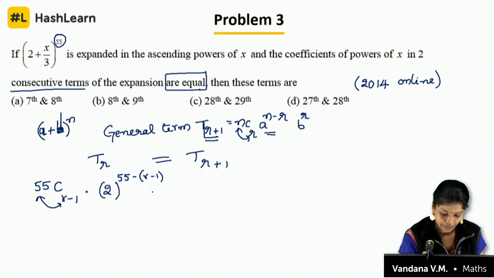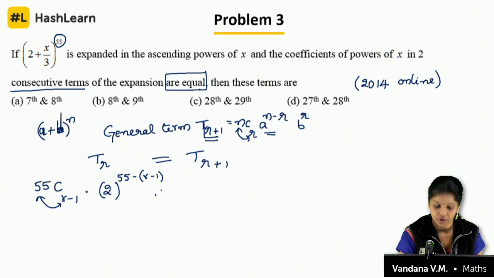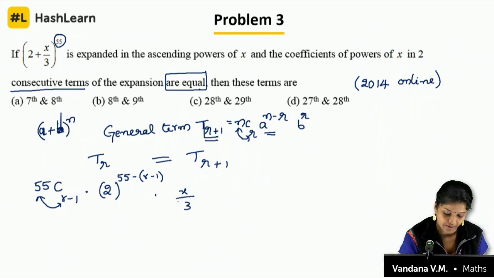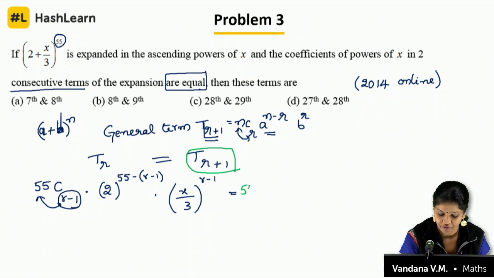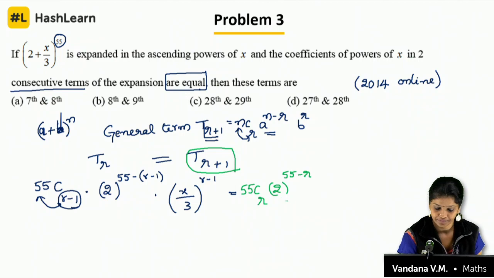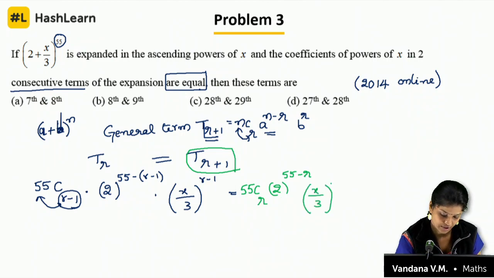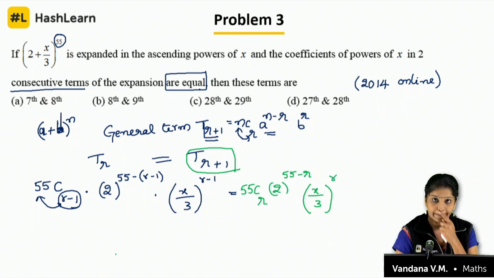Fine. Into the second term. What is your second term? (x by 3), whatever we have here, that will come, power R minus 1. This is equal to the (R plus 1)th term. So how to write this? 55CR, 2 power 55 minus R, next (x by 3) whole power R. Bring it to one side.